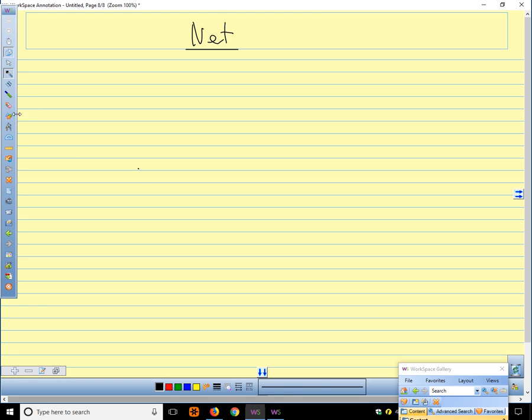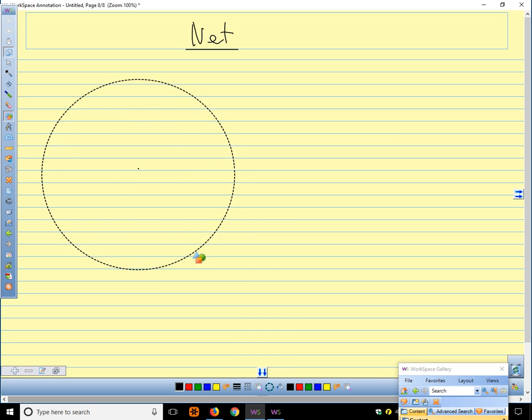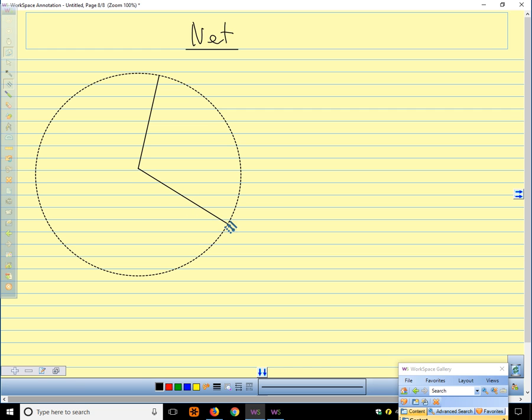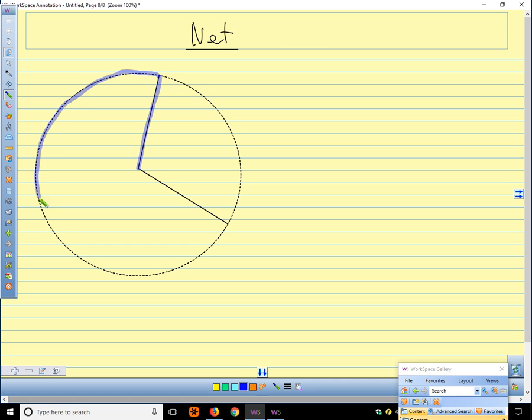So here's what our net is going to look like. Let me grab, here's a circle that I cut out the wedge from. So I cut out a piece of that circle, like so. So the lateral surface of my cone is made up of this portion of that circle.